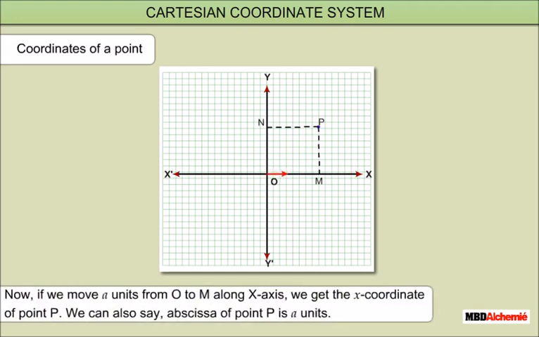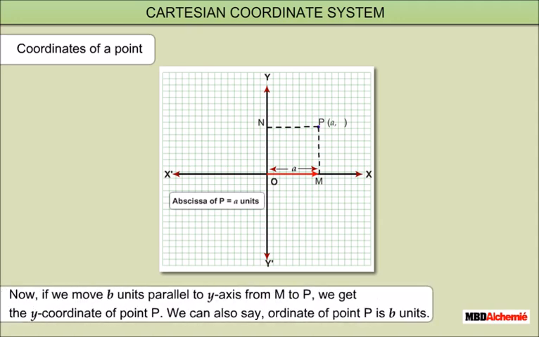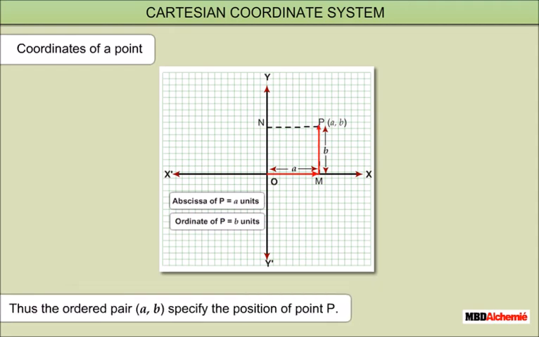Now if we move a units from O to M along the x-axis, we get the x-coordinate of point P. We can also say the abscissa of point P is a units. Now, if we move b units parallel to the y-axis from M to P, we get the y-coordinate of point P. We can also say the ordinate of point P is b units. Thus, the ordered pair (a, b) specifies the position of point P.